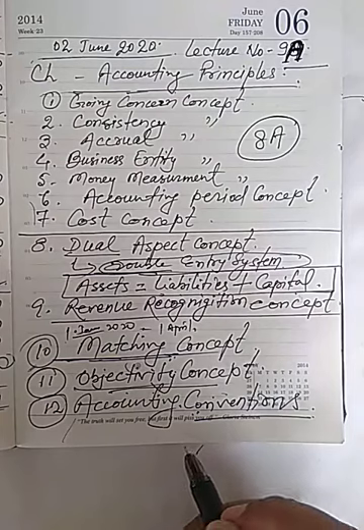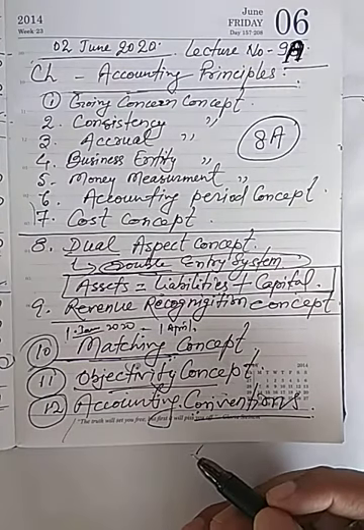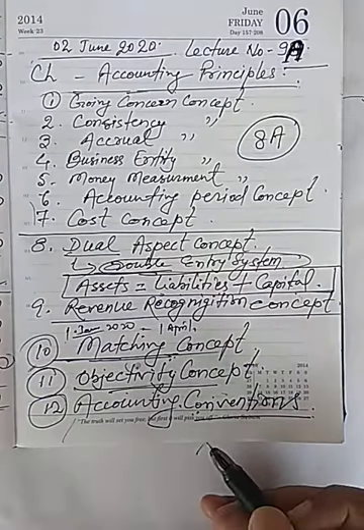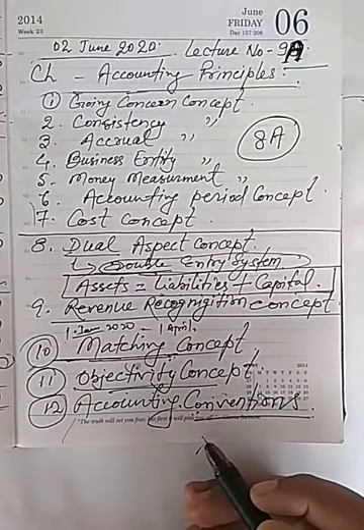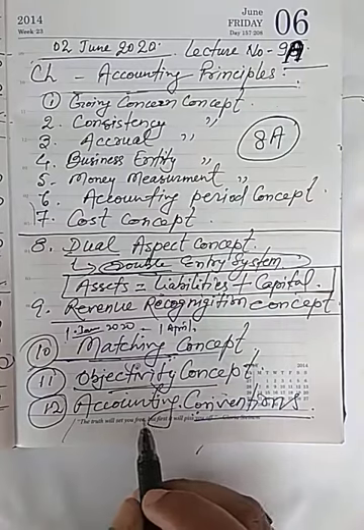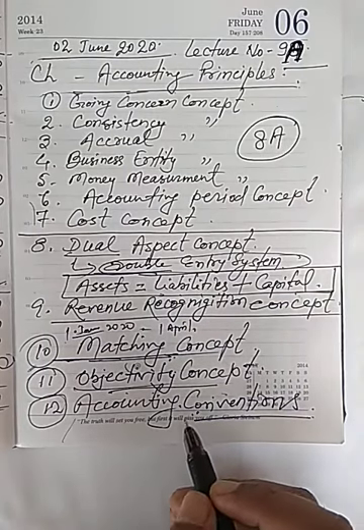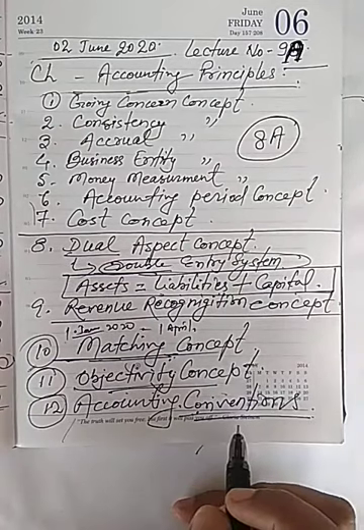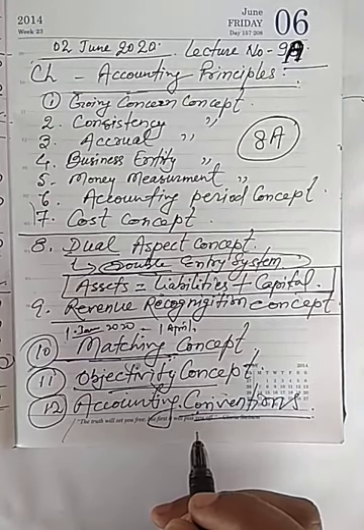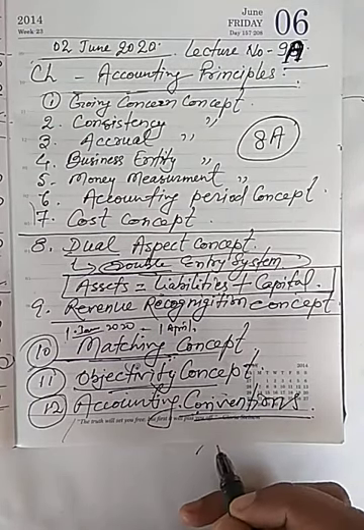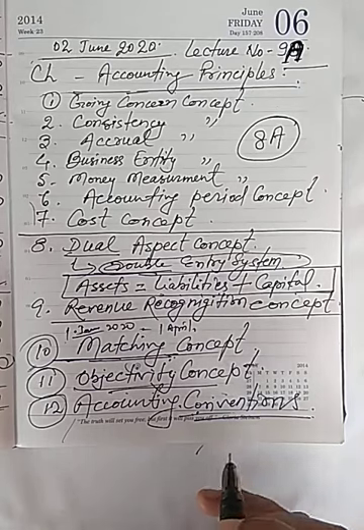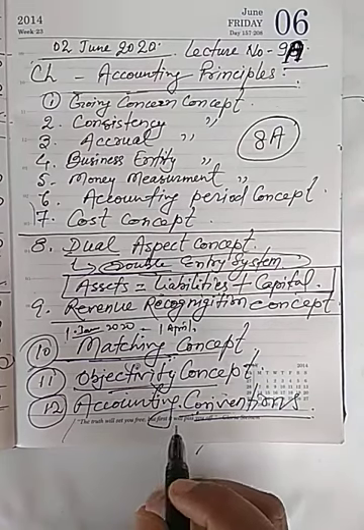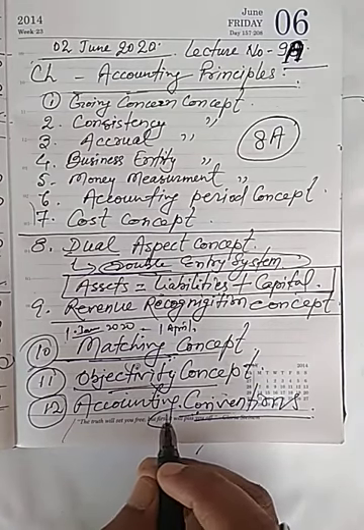An accounting convention may be defined as a custom or generally accepted practice which is adopted either by general agreement or common consent among accountants.